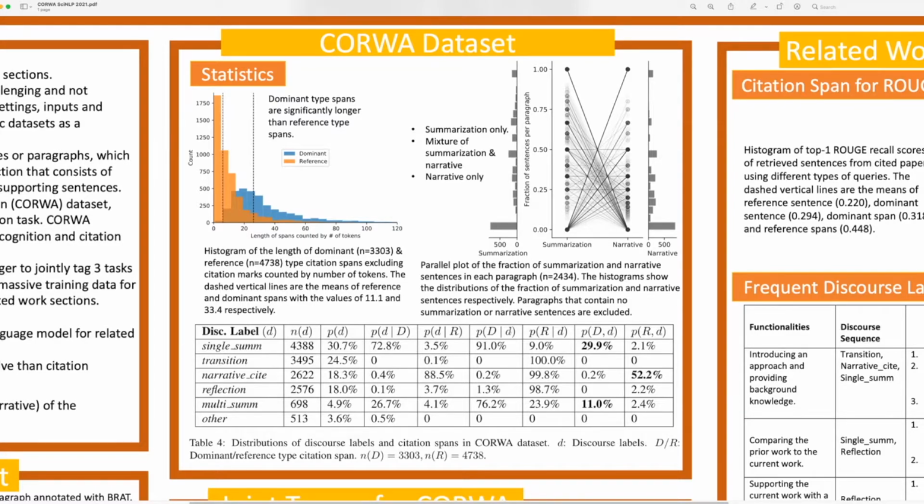The table shows the joint distribution of the discourse tag types and the citation span types.